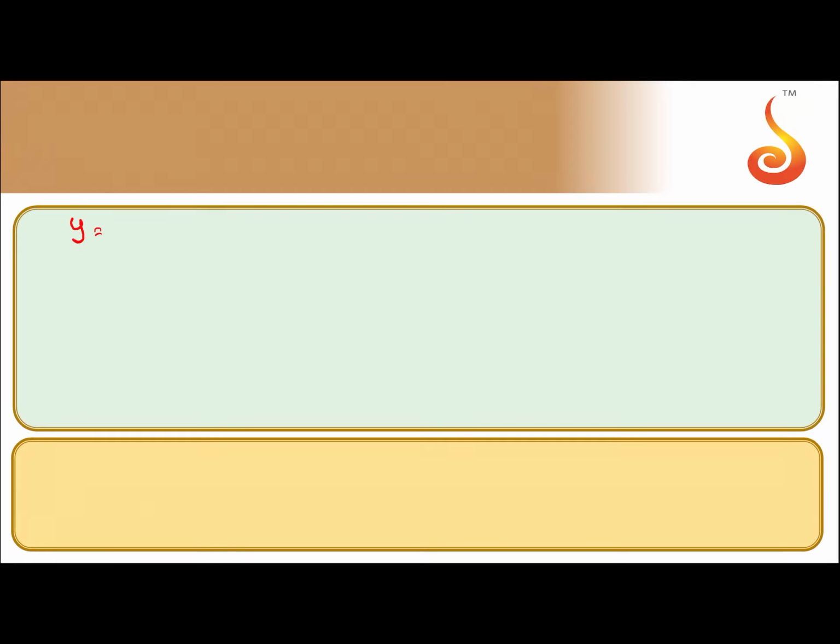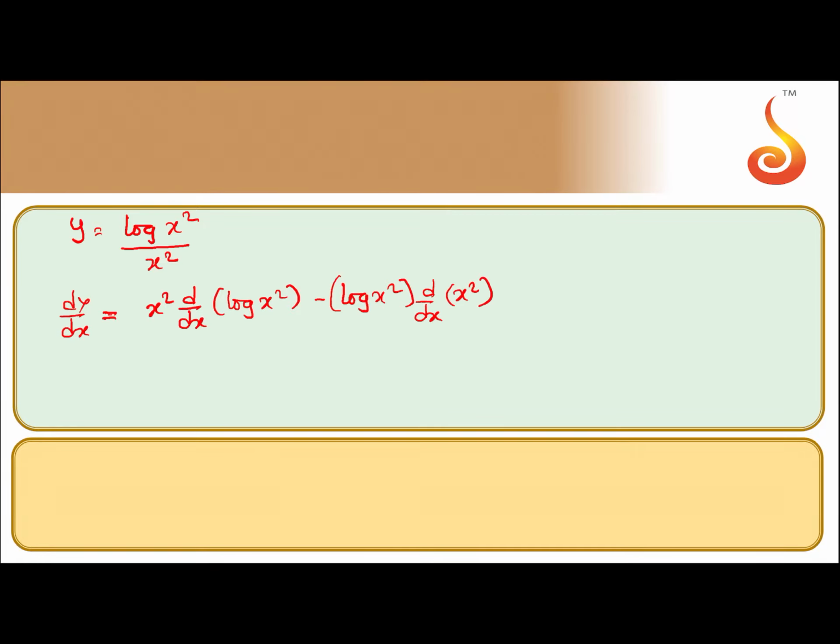So y is equal to log x squared by x squared. So dy/dx is equal to x squared d/dx of log x squared minus log x squared d/dx of x squared, whole divided by x squared whole squared. So what we get?